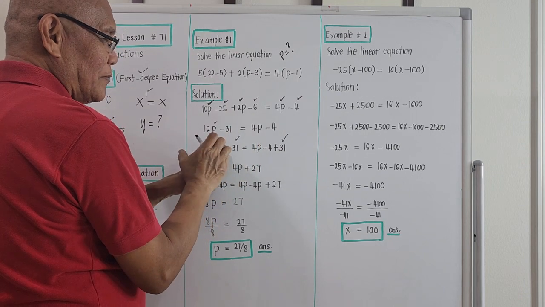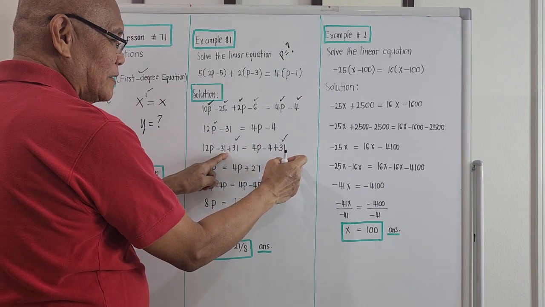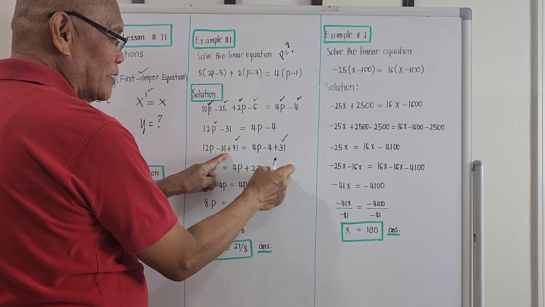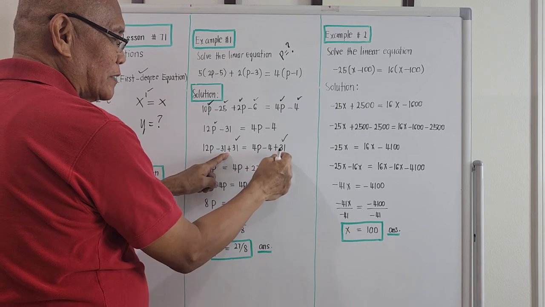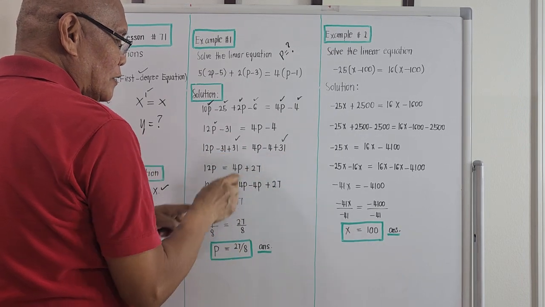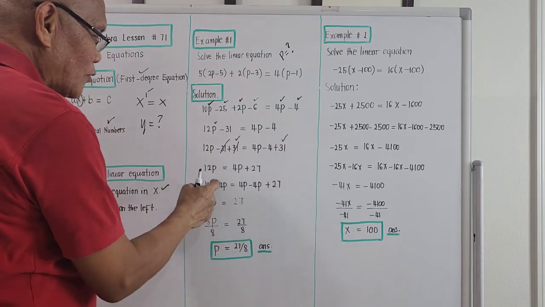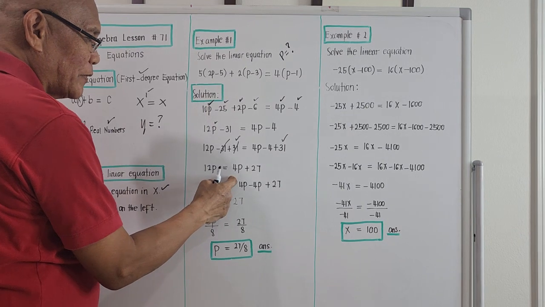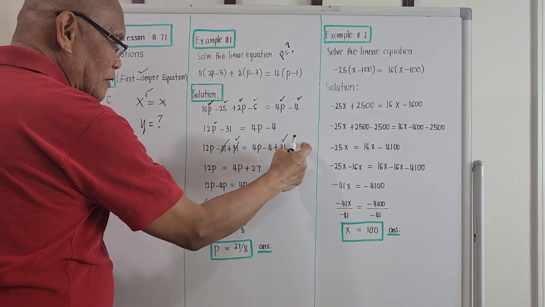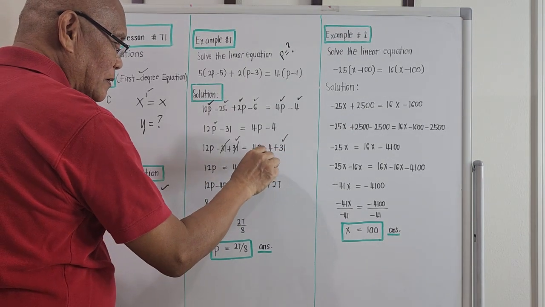Whatever you do on the left, do it on the right. Okay, to eliminate this negative 31, we added 31 here, so we added 31 also on the right hand side. So this one cancels. What remains on the left will be 12p equal to 4p. Minus 1 plus 31 is positive 30.